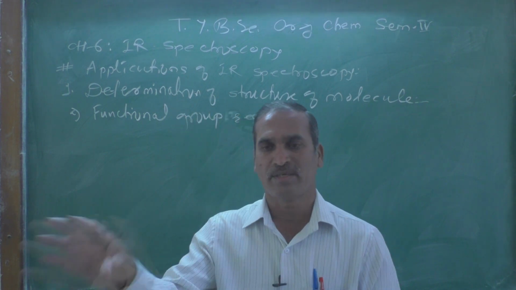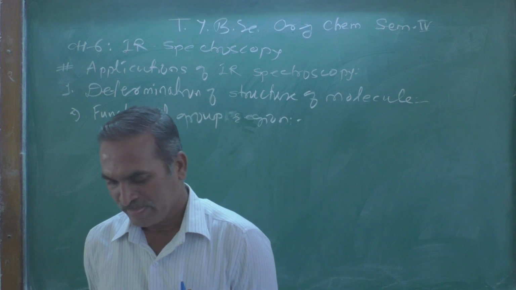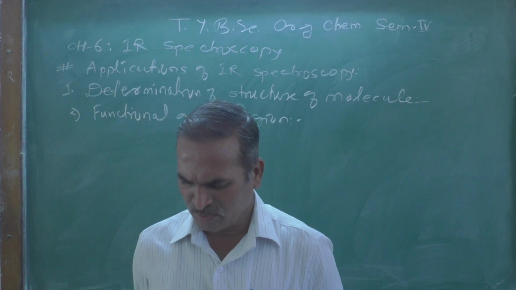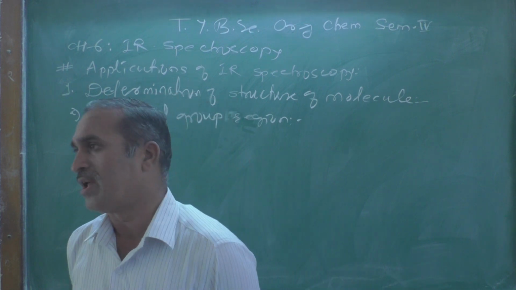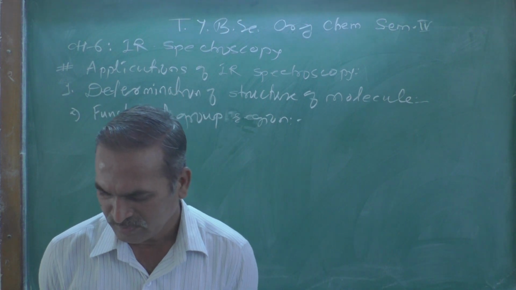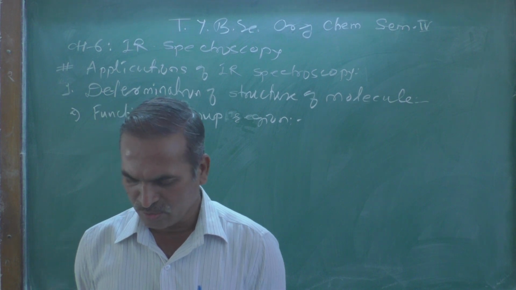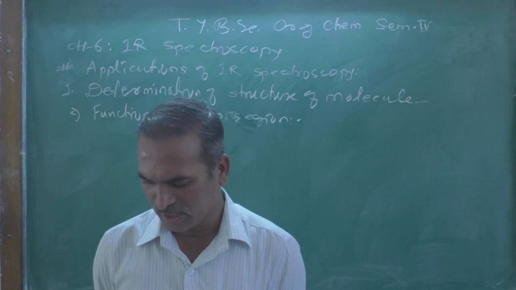So those are some of the important tricks you should remember while interpreting IR spectra. One is that observing the peak in the functional group region will help us detect the functional group present in the molecule.